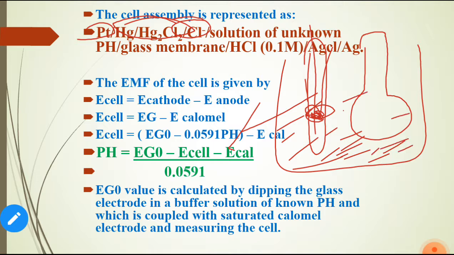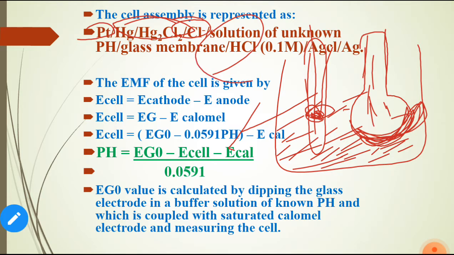By using this we have to determine the pH of this solution. For the glass electrode, the glass membrane is placed, and it is filled with HCl solution which contains H plus ion of 0.01 molar, and AgCl is taken.